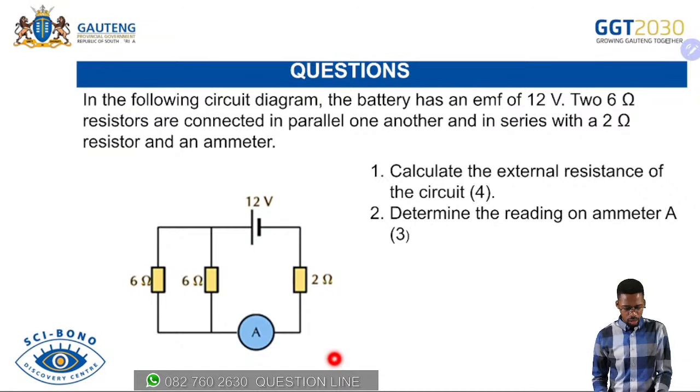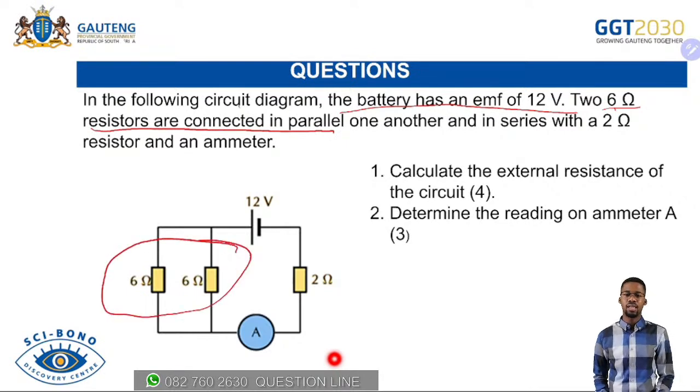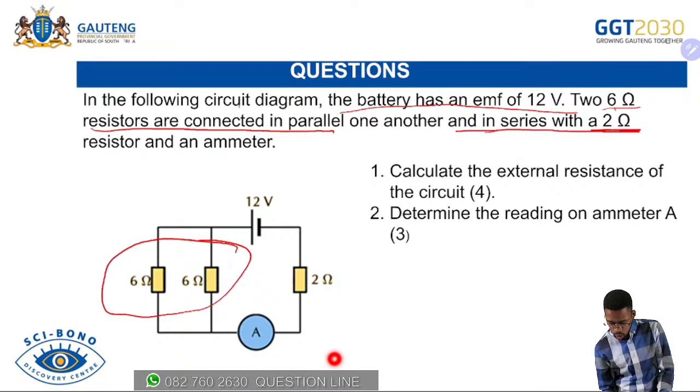It says that in the following circuit diagram, the battery has an EMF of 12 volts. Two 6-ohm resistors are connected in parallel with one another, and in series with a 2-ohm resistor.